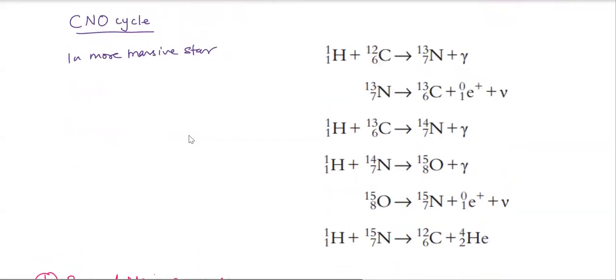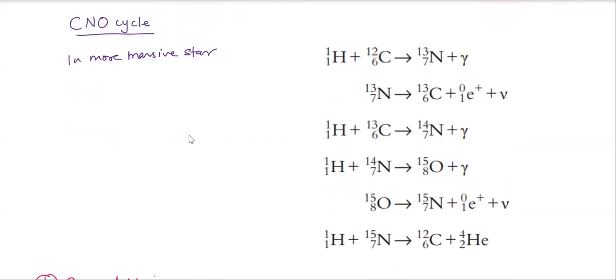In the CNO cycle, one hydrogen is required to convert carbon-12 to nitrogen-13. Then nitrogen-13 is converted into an isotope of carbon, carbon-13. Carbon-13 reacts with hydrogen and converts into nitrogen, and then nitrogen converts into oxygen, then converts back again to nitrogen, and so on.